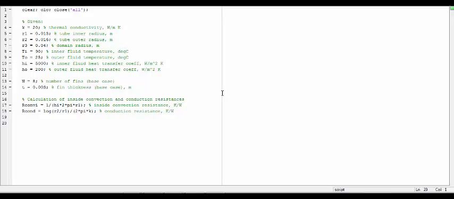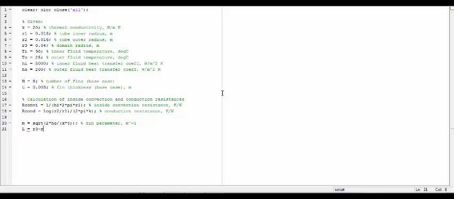We're now going to calculate the overall array resistance to get the heat flow per unit length for the base case, just to verify our calculations. So first, we're going to calculate M, the square root of 2 times HO divided by K times T. We'll call this the fin parameter. Next, we can get the length of the fin.